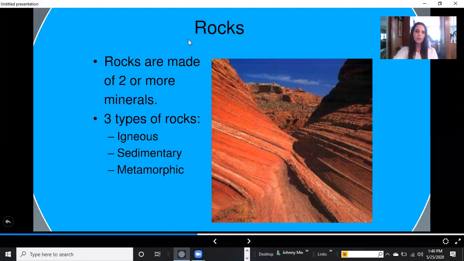And so then you have, let's say, one mineral that's made up of one element and one mineral that's made up of two elements, and those two minerals come together and they're going to form a rock. So you see how rocks are a little bit more complex than minerals because we have more components going on there. Now, there are three types of rocks: igneous, sedimentary, and metamorphic.